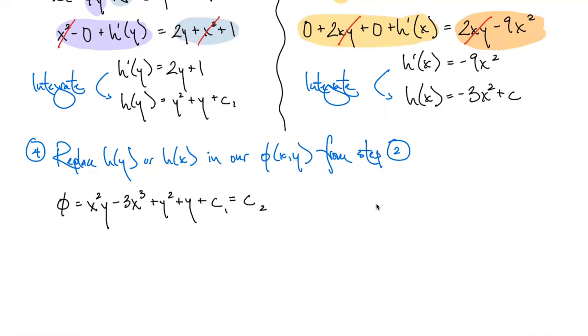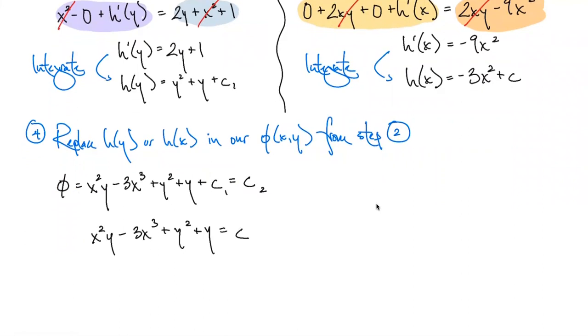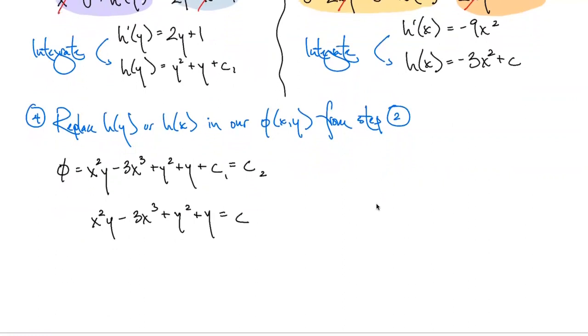Now, let's go ahead, and the last thing we're gonna do is we're just gonna take this C and combine it with the other C. And so we'll get x squared y minus 3x cubed plus y squared plus y equals C. And I'm going to do one more thing, not because I have to, but because I want to show you this is actually the same thing that I said at the very beginning when I was like, let's imagine this, okay?